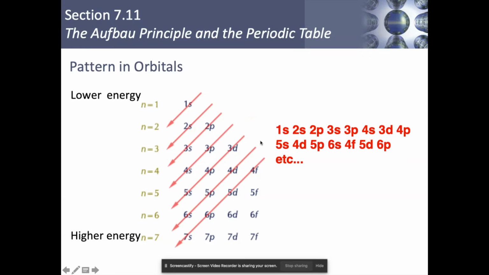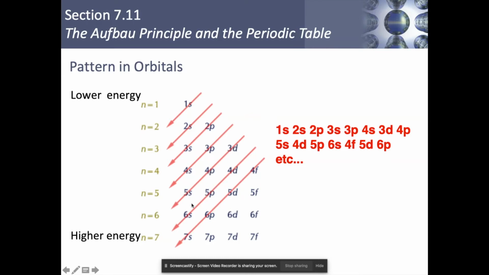Well, there's a very particular reason why these arrows exist in this diagram, okay? And so here is the shortcut way of remembering the order from lowest energy to highest energy orbitals that exist in an atom, okay? So you follow the arrow. So I have 1s, great. 2s, great. 2p, 3s, great. 3p, 4s, great. 3d, 4p, 5s.